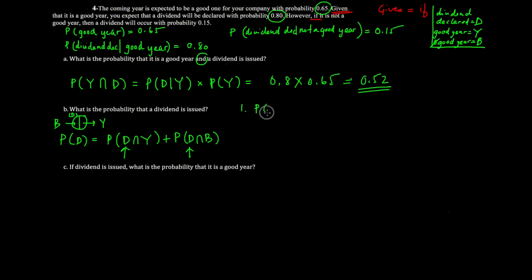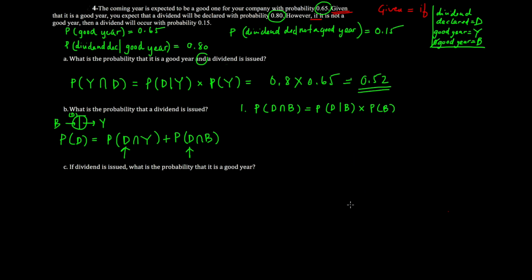So the probability of dividend and a bad year is going to equal, now remember once again, from our rule, we're isolating for the and. So we're simply going to take the conditional multiplied by the condition. So we have it up here. So we have the probability of D given that it's a bad year. And we're going to multiply by the probability of a bad year.